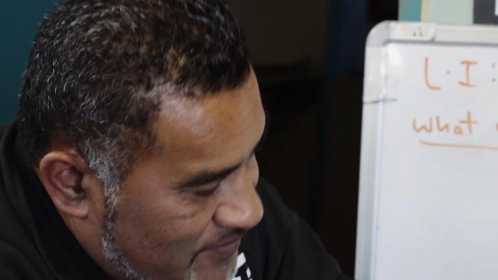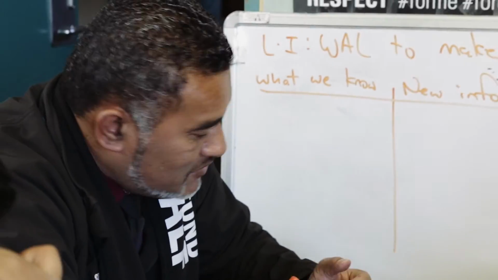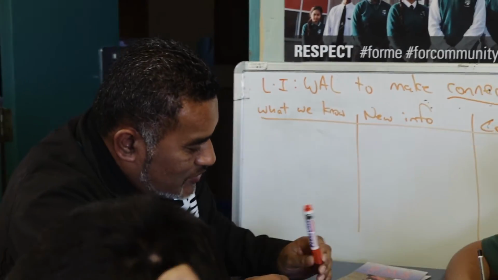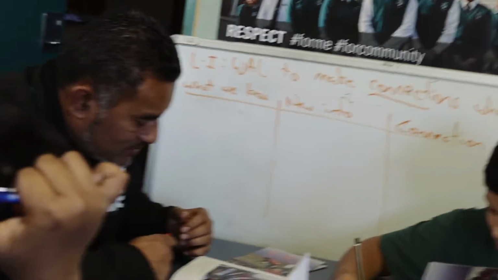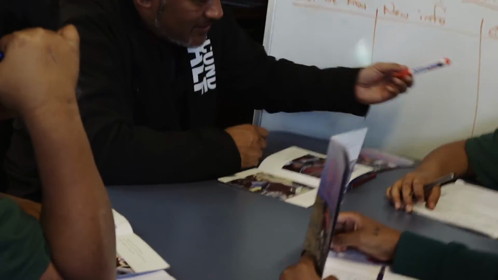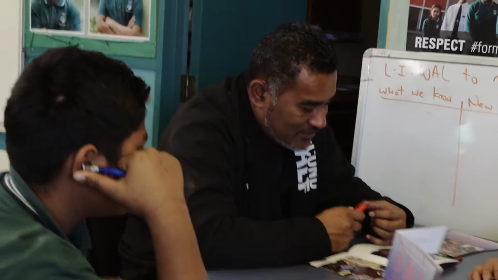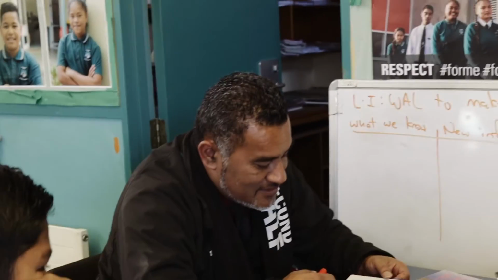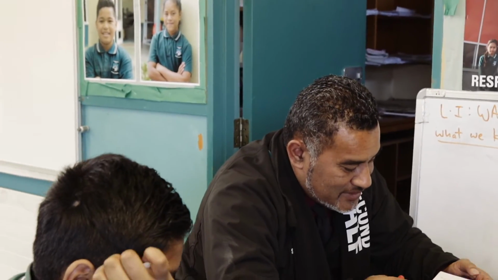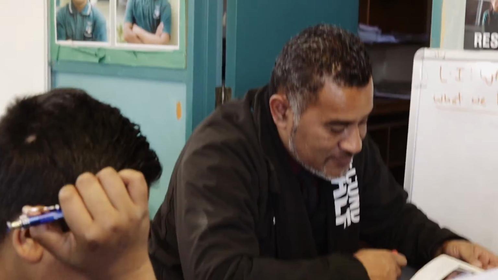Finished. There. And see, you've done one page. You've done the first one. You've done what we know, new info, and you've made a connection. What we know, the new info: 5 years old. And you made a connection: 5-year-olds get hurt all the time because they can't even ride a bike. Do you know anyone that can ride a bike that's 5? Brother. Yeah, brother.